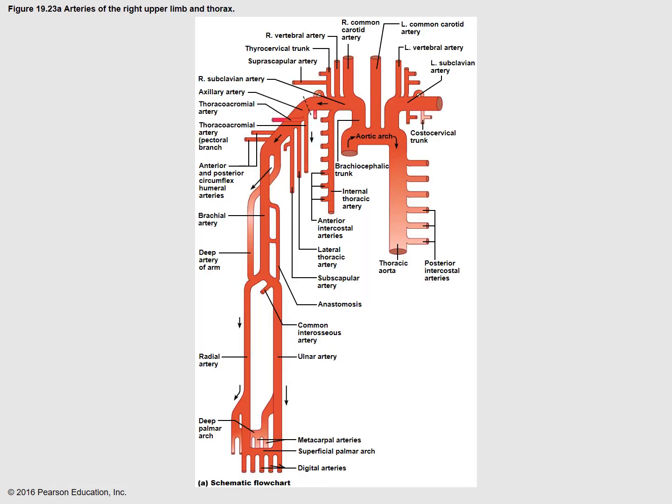In the upper limb, this is on the right limb, so you initially have the brachiocephalic trunk, which then immediately branches, and you have the right common carotid artery heading up towards the brain, and now the right subclavian artery is going to head towards the arm, the limb itself.